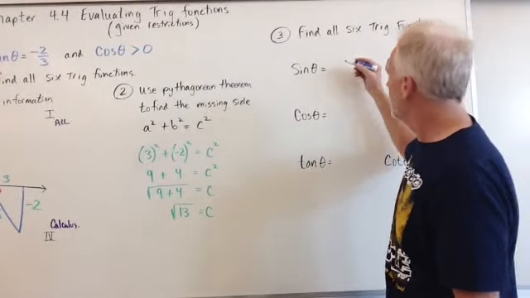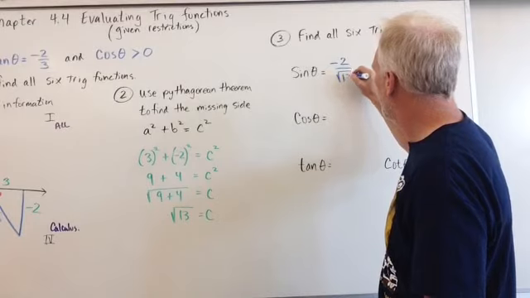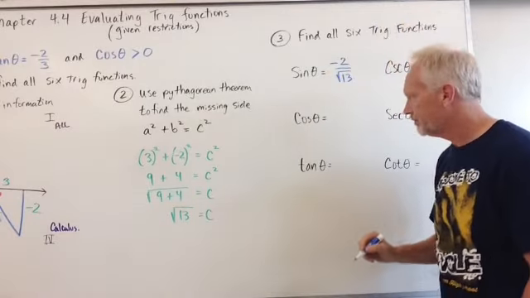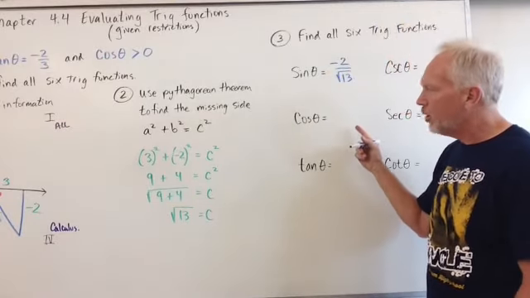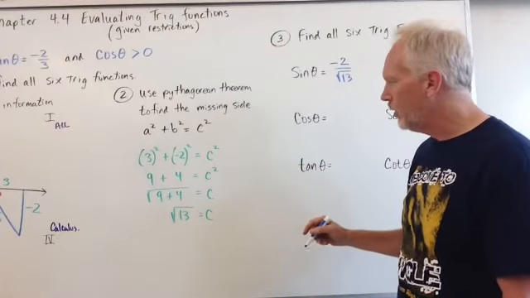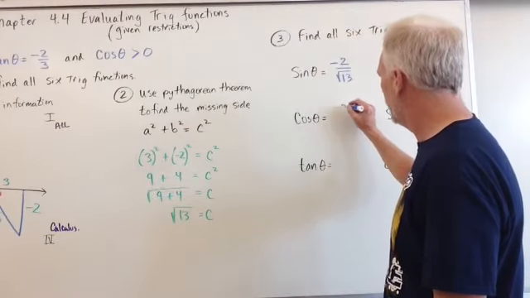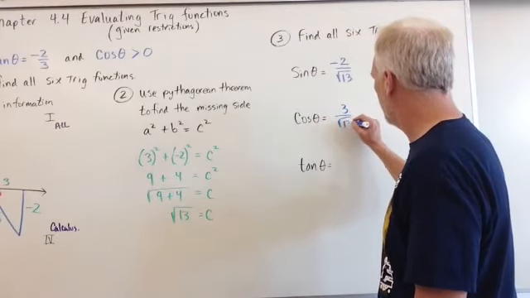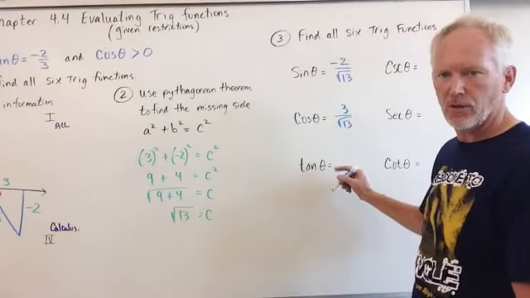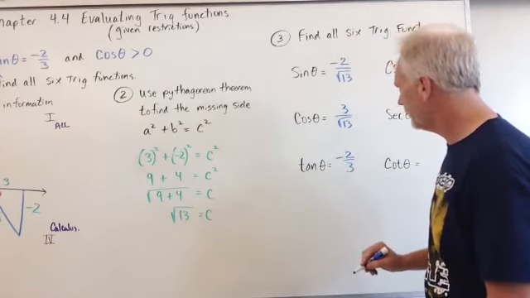So we fill this in with negative 2 over the square root of 13. Now, the cosine was the adjacent side, which was 3, so we get 3 over the square root of 13. And they gave us tangent, and that was negative 2/3.